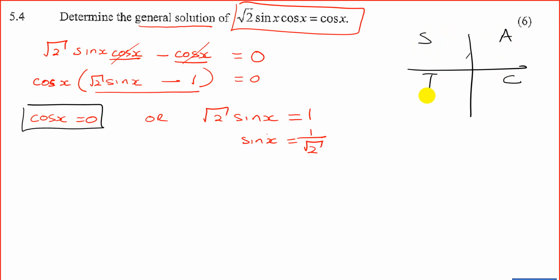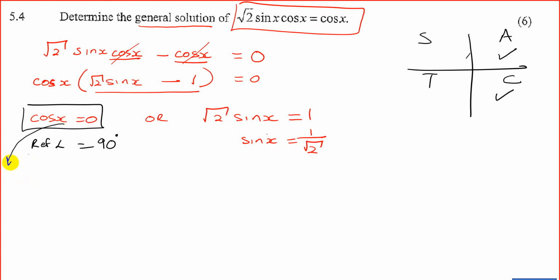So very quickly, a reminder of our CAST diagram. We know that cos x is equal to 0, and we want to find the reference angle by using our calculators, and we'll type in shift cos 0, and that would give us 90. Remember that for cos, the quadrants we are focusing on in terms of being positive are the first quadrant and the fourth quadrant. So our reference angle is 90, and in our first quadrant, our angle formula is that theta will remain as it is.